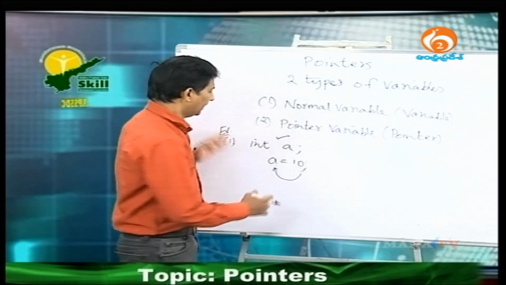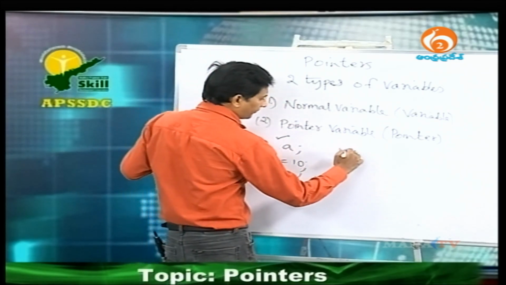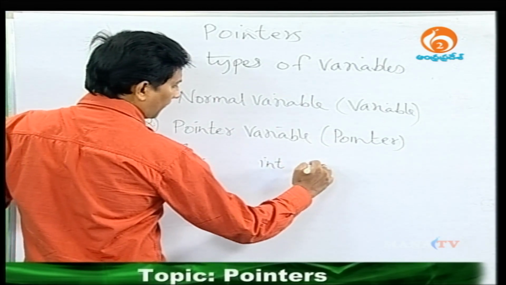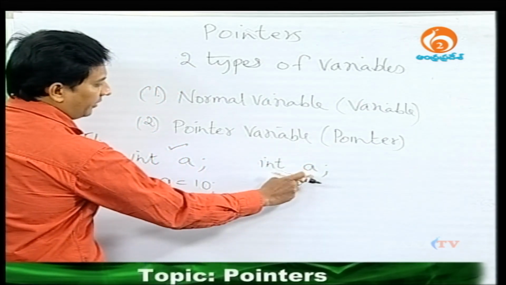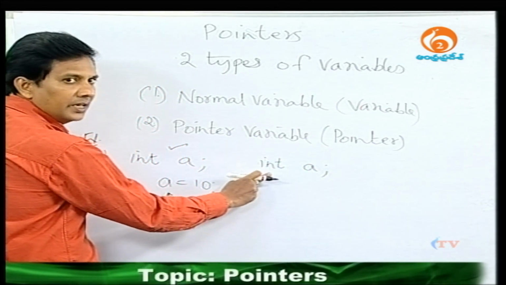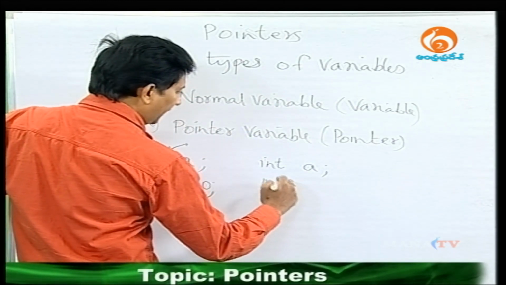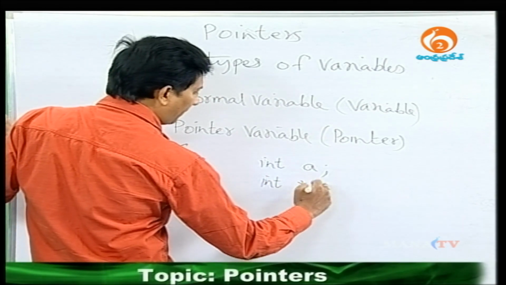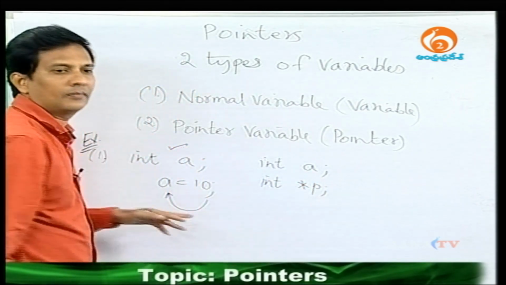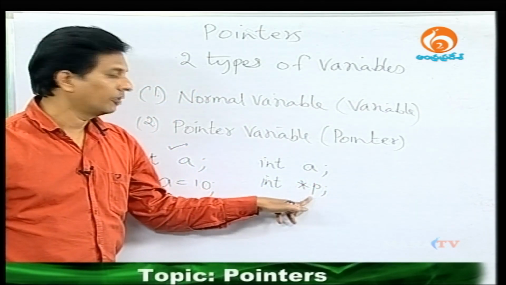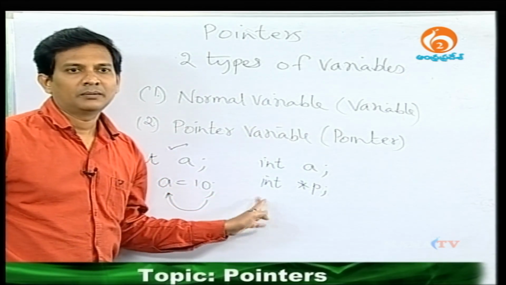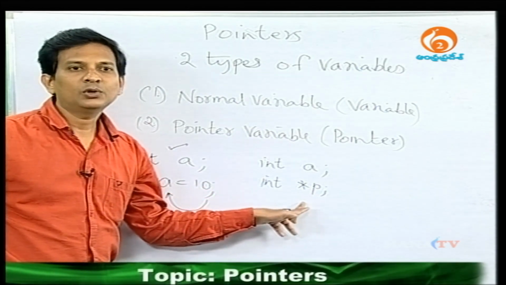Okay. Example, int a. Here a is a variable of type integer. Next, int star p. Here p is a pointer variable of type integer, meaning p is eligible to store an address.